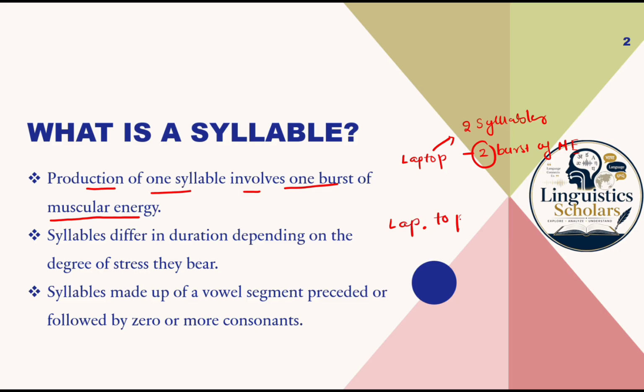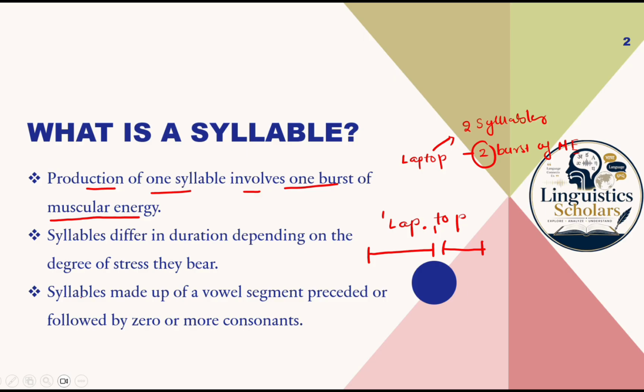If you observe the duration of the syllables individually, lap has a much longer duration comparatively to top, because the syllable lap takes the primary stress whereas top takes the secondary stress. The syllable with the primary stress tends to be much longer than the other syllables occurring in the word.